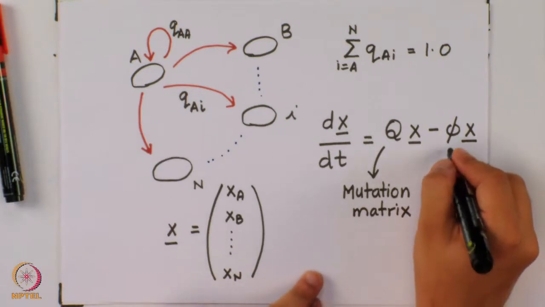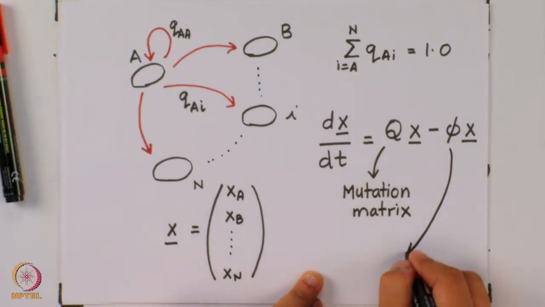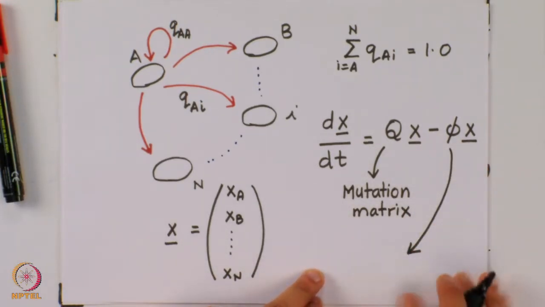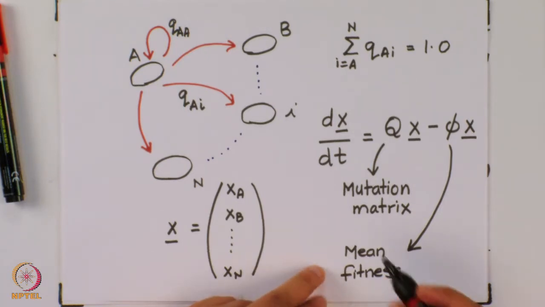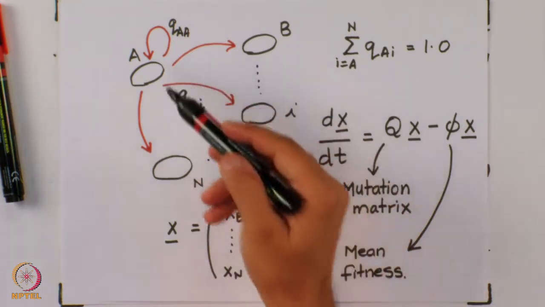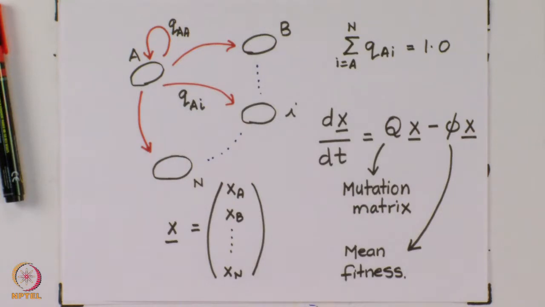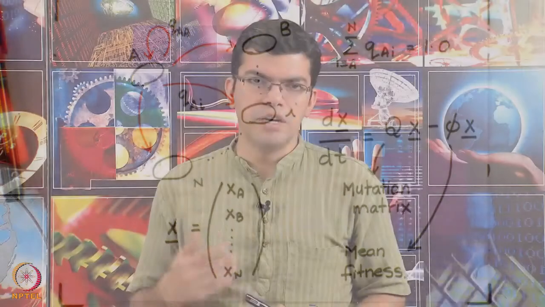And phi is the variable that we have been talking about throughout the course of this video series. Phi is the mean fitness of the individuals in the bacteria, and in our case, because all n genotypes have the same identical fitness, phi, which represents the mean fitness associated with the culture at any given point, remains constant with time and does not change.